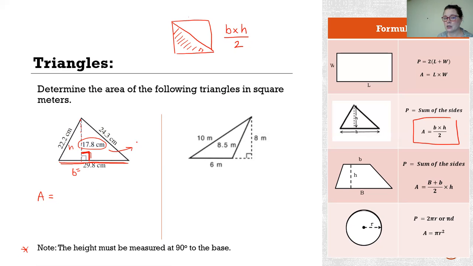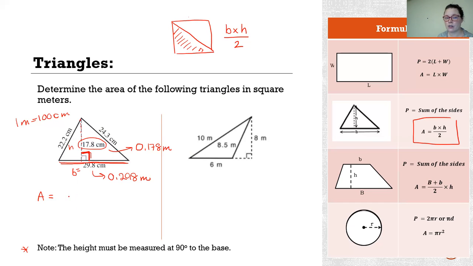So 17.8 is 0.178 meters. And this one is 0.298 meters. So we're just doing the conversion at the beginning. There's 1 meter equals 100 centimeters. That's something that hopefully you have locked in your head at this point. You will get a conversion sheet for your final test.